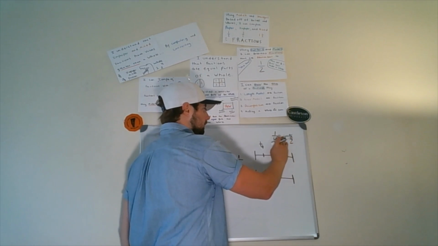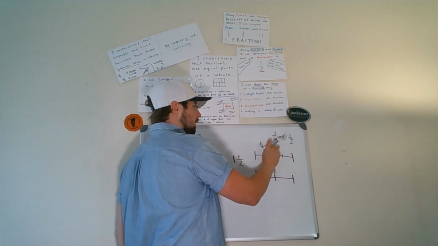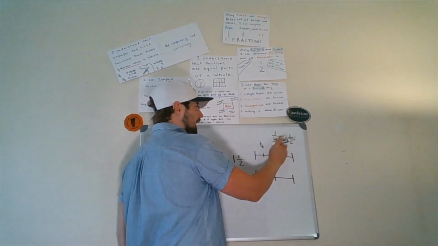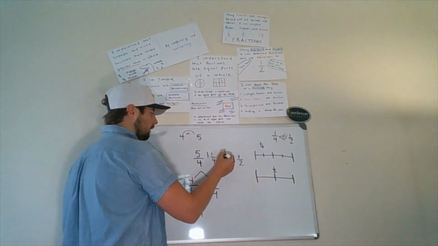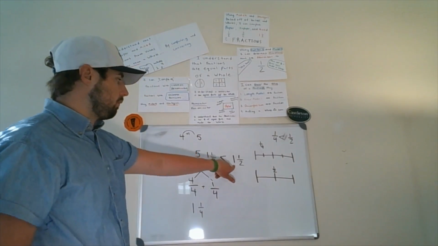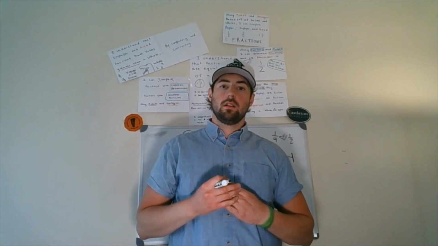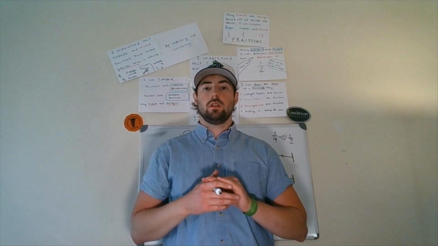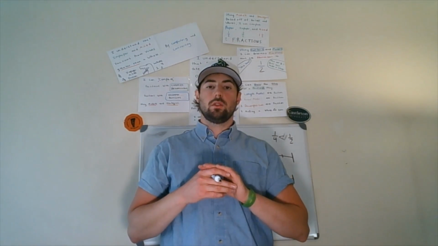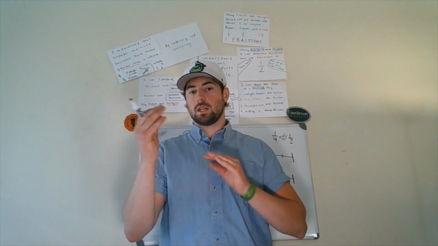Oh, excuse me, I'm running away. 1/2 is greater than 1/4. 1/4 is less than 1/2. We know that 5/4 is less than 1 and 1/2 when comparing using models and converting those improper fractions into mixed fractions.